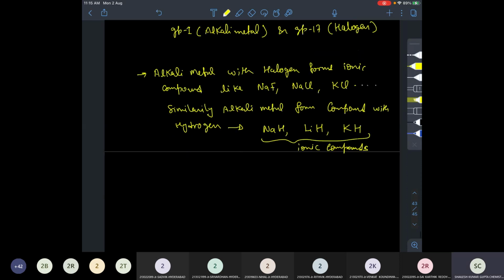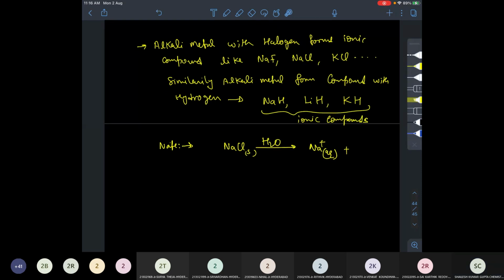Really interesting, guys. Here hydrogen is in the -1 state. So if you dissolve it in water, you would get H minus, which will not be stable in water. So you will get hydrogen gas from it at the end. Note, very, very important: when you dissolve solid NaCl in water, you will get Na plus surrounded by water, which I am writing as aqueous. Now onwards, this word aqueous means that the sodium ion is surrounded with layers of water.